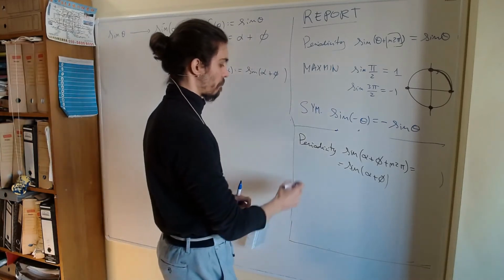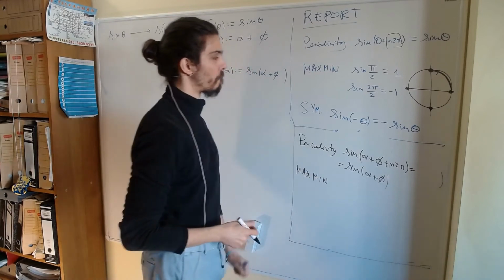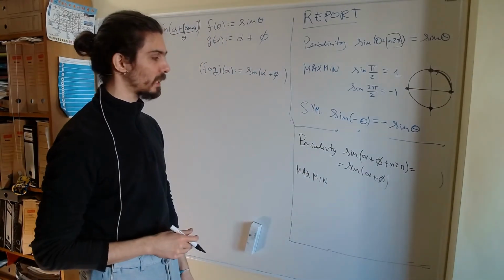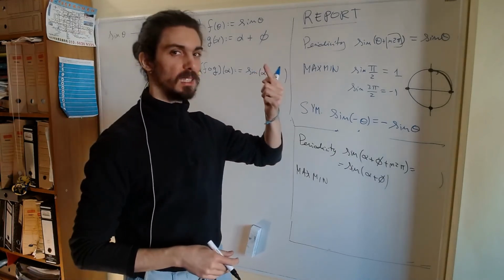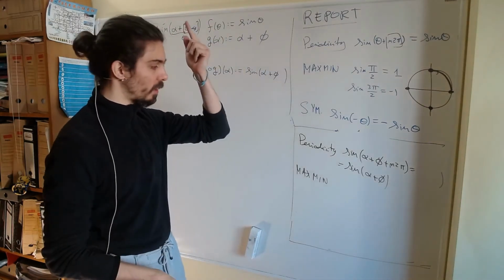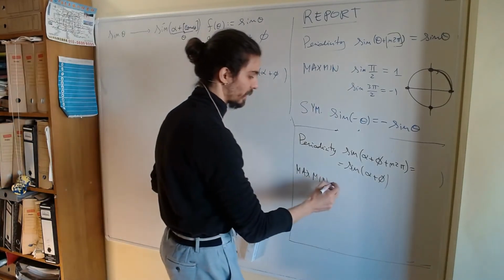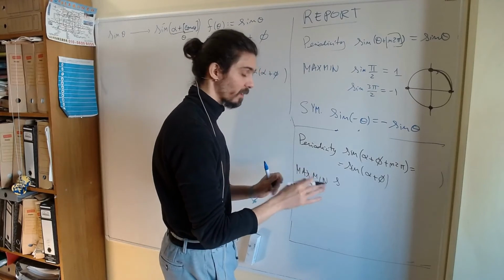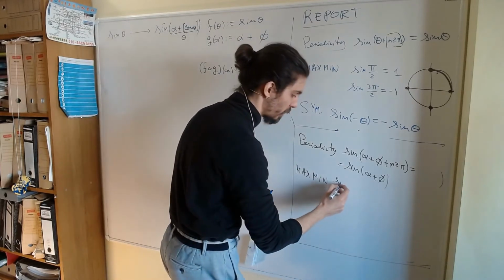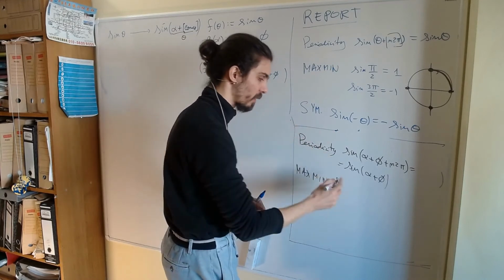Okay. Maximum, minimum. Well, the maximum and minimum, this is still the sine, right? And so the maximum is still 1 or minus 1. However, on the horizontal axis it is different, right? Let's write the conditions that determine where on the horizontal axis we find this maximum and minimum.